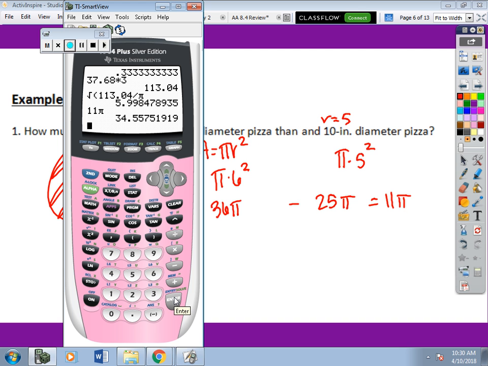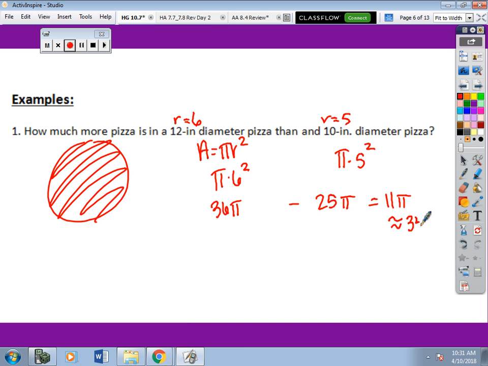We'll get 34.6. They don't tell us what to round to. If you leave it in terms of pi, that's fine. Because they didn't tell us what to do. But this will be square inches. But just make sure you leave the pi there, because it is making the number 3.14 times larger.